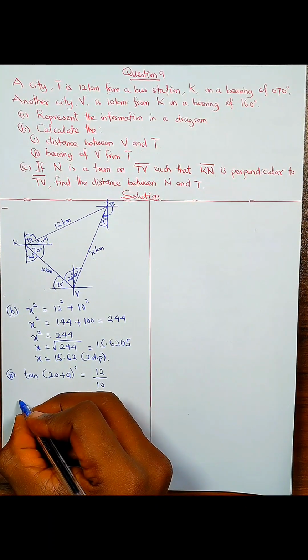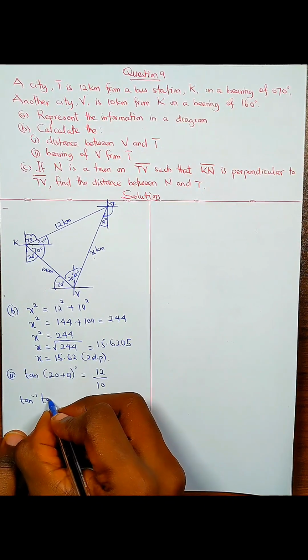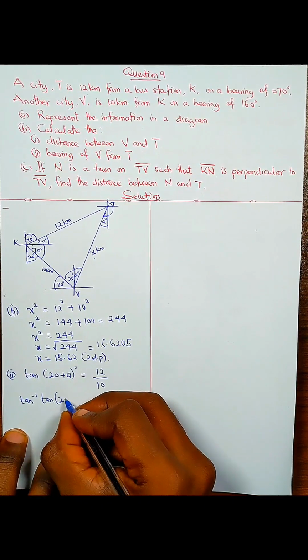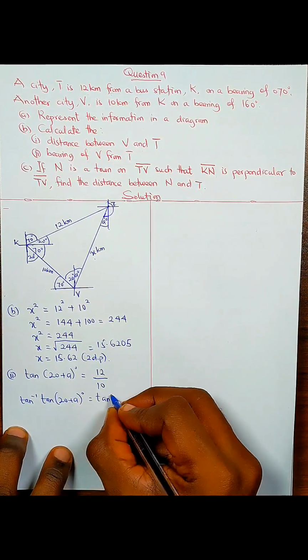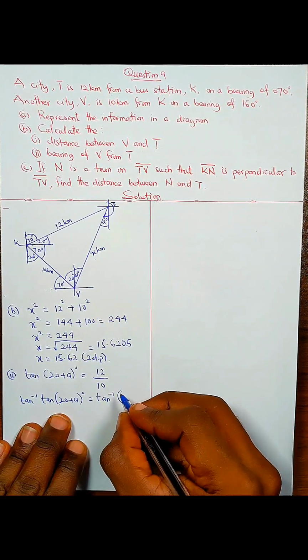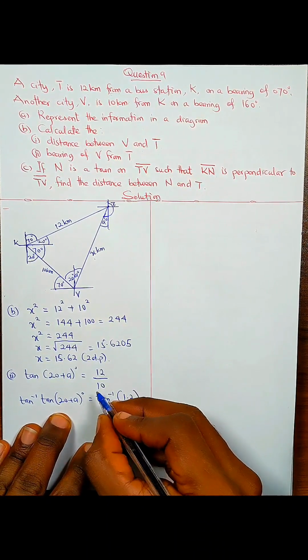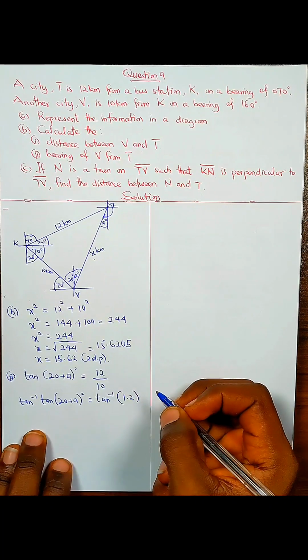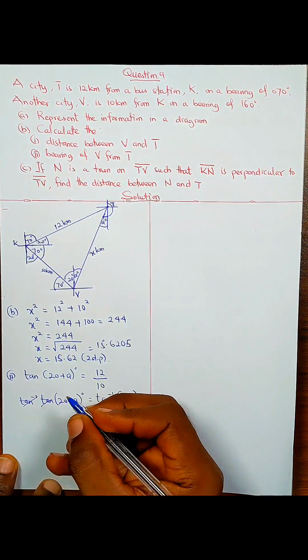Then we'll find tan inverse of both the left hand side and the right hand side. 12 over 10 is 1.2. Okay, so this tan and this tan inverse are cancelling out.